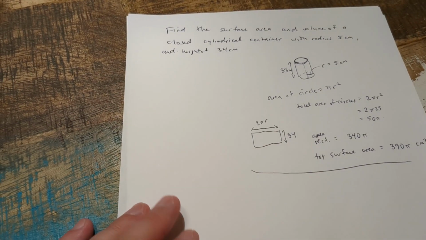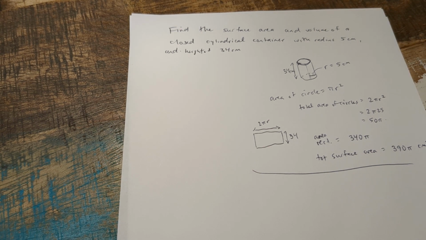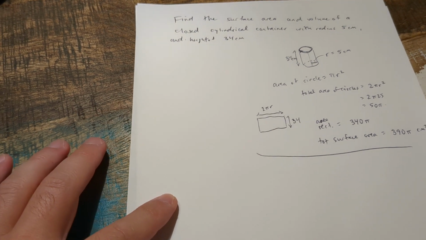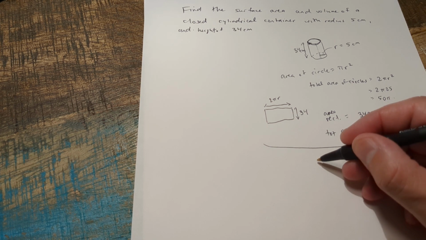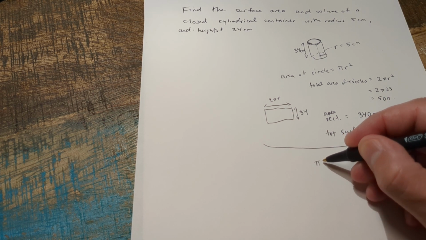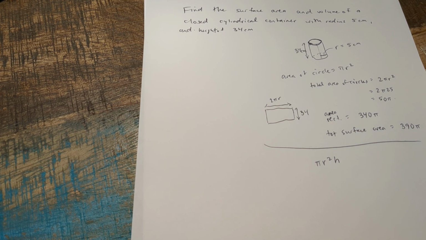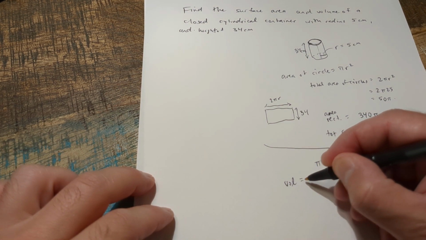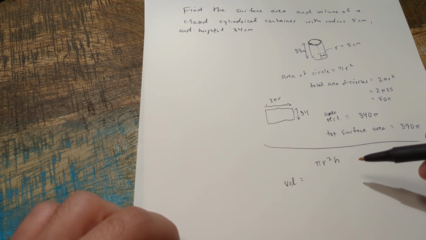The next part of the question, find the volume of the closed cylindrical container. There's a formula for the volume of the cylinder. It's going to be pi r squared times the height. And we know these values, we can just plug them in. I'll explain a way to think about how they get that, in case you forget.